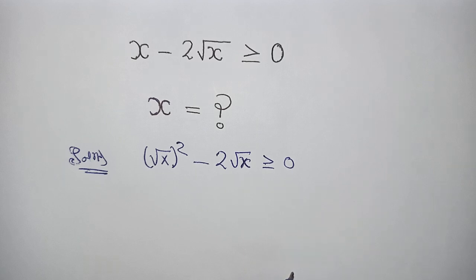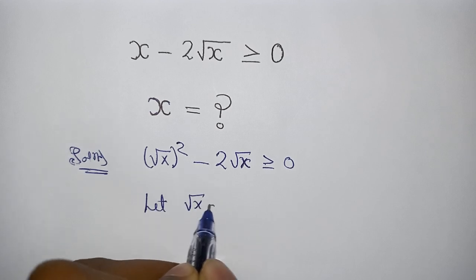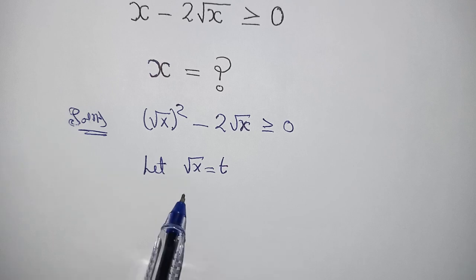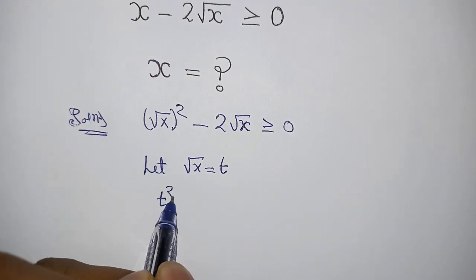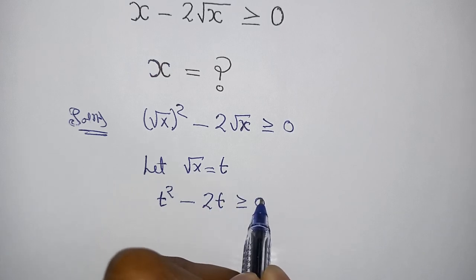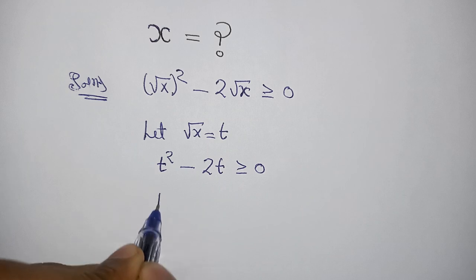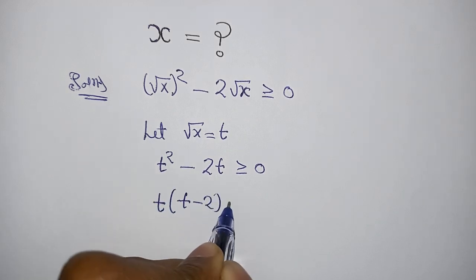Now let's assume square root x is a new variable t. When you substitute t, this becomes t squared minus 2t greater than or equal to 0. Taking t as a common term, we have t times (t minus 2) greater than or equal to 0.